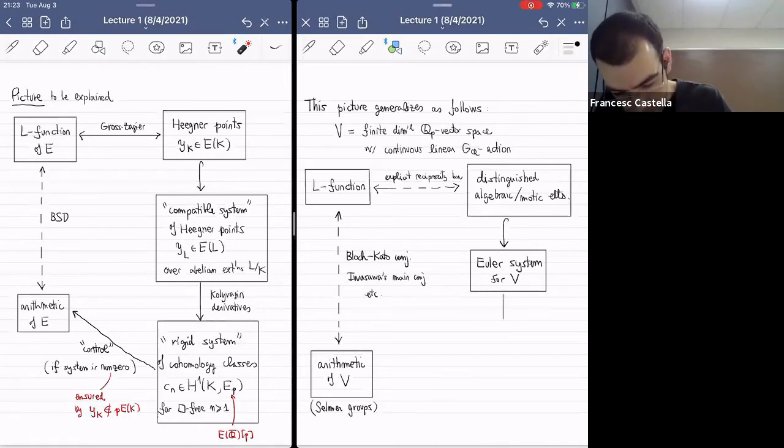Okay, so one can then apply this process of Kolyvagin derivatives to produce one of these rigid systems that are now called Kolyvagin systems.